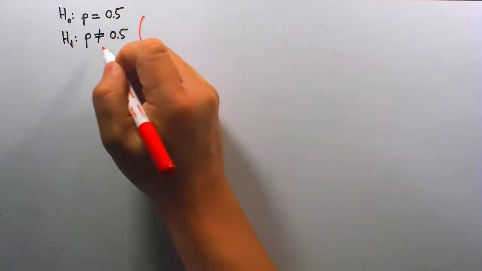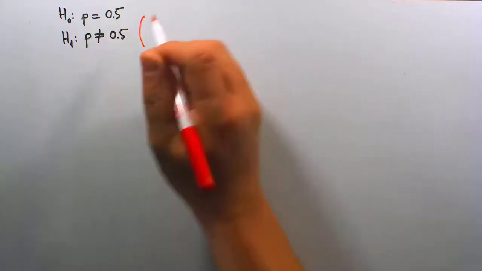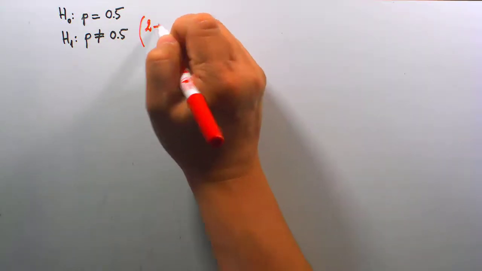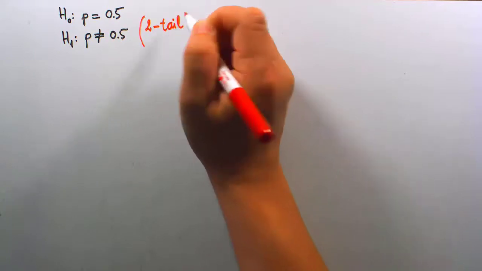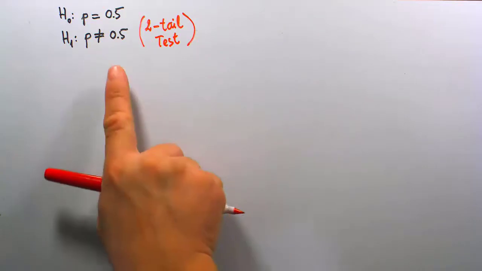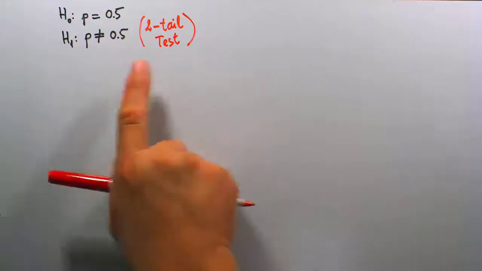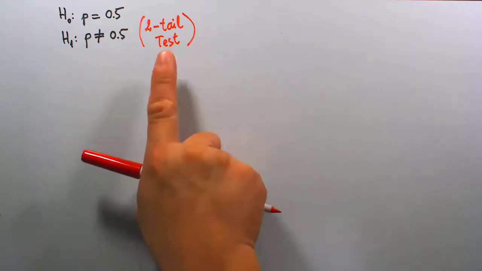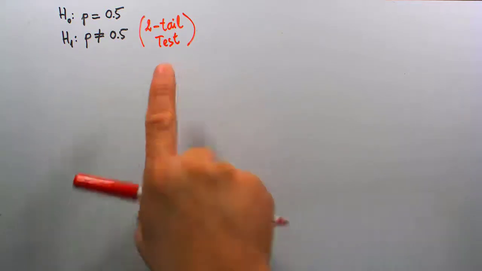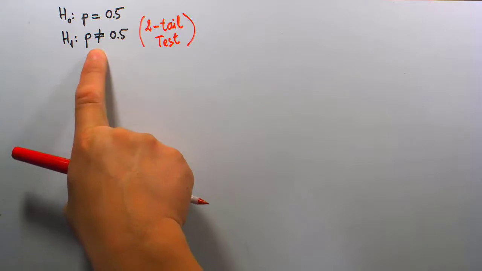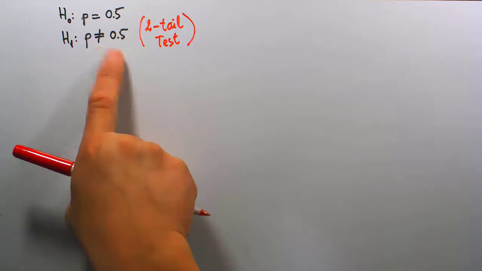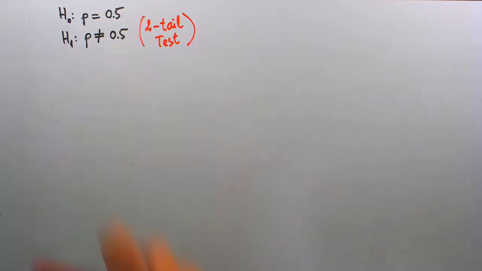And so this kind of inequality statement brings us into a testing procedure that's called a two-tail test. So just to be clear, the test we are about to do is regarded as the two-tail test, unlike a left tail or a right tail. This is a two-tail test due to that inequality being other than, meaning as a possibility it could be less than or it could be greater than, anywhere away from 0.5.